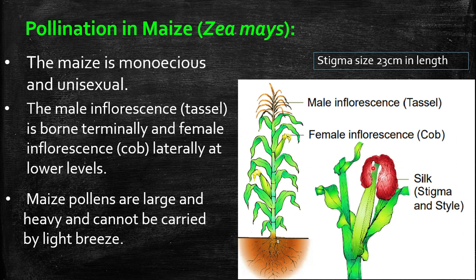This is the stigma of a female flower, which is 23 centimeters in length. So this stigma is ready to receive the pollen from the terminal male inflorescence. Because the pollen has a huge weight, it is not carried over long distances, so it has to reach the same plant.